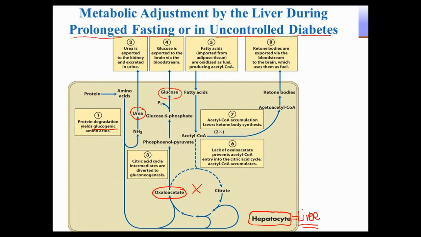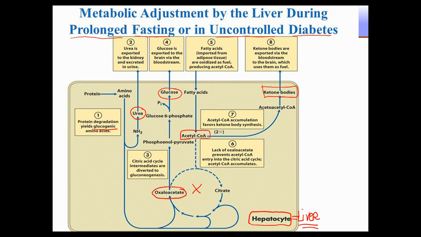So the glucose goes to the brain. Fatty acids, again, start to break down for acetyl-CoA. And because they can't enter into Krebs because oxaloacetate is being diverted, then they will form ketone bodies, which also form brain fuel. Okay, so the prolonged fasting is similar to the 6-hour mark.